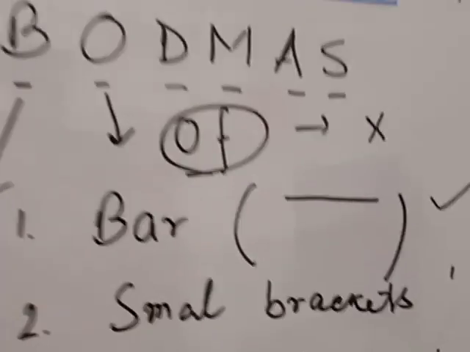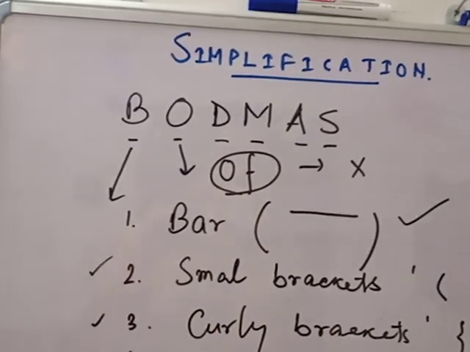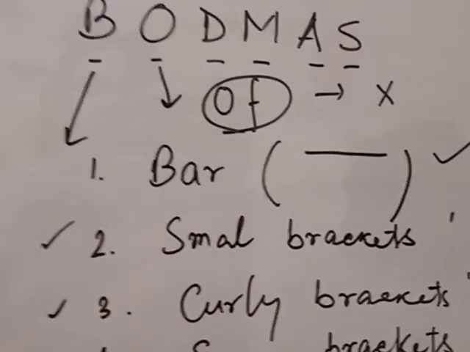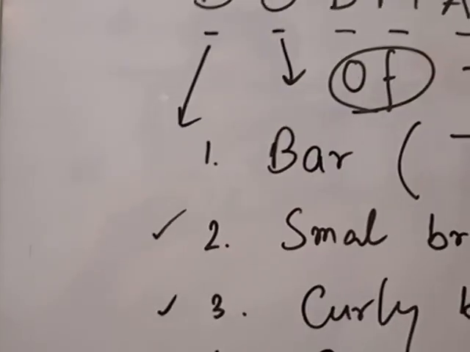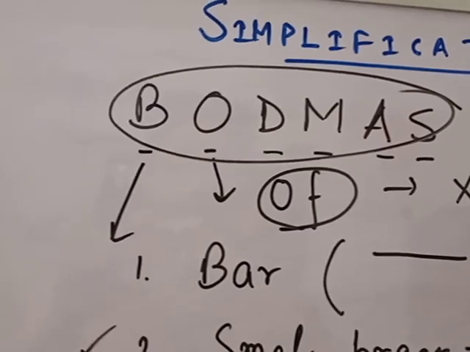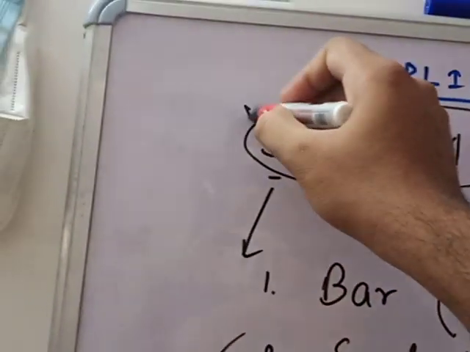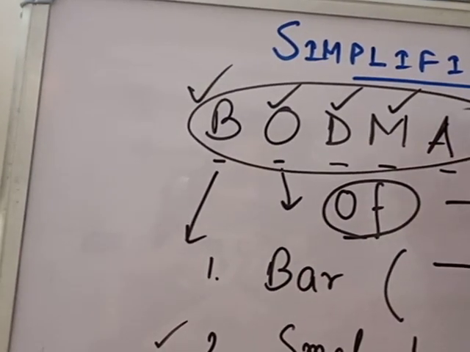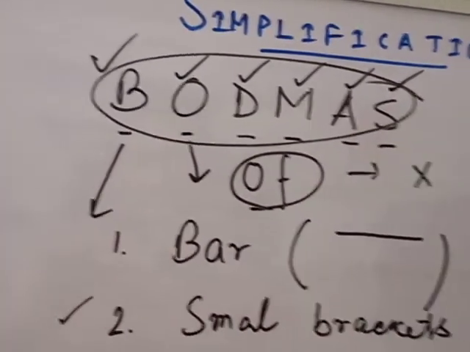If off is there, that means multiply. So we are following the Bodmas rule: firstly brackets, then off, then division, multiplication, addition and subtraction.